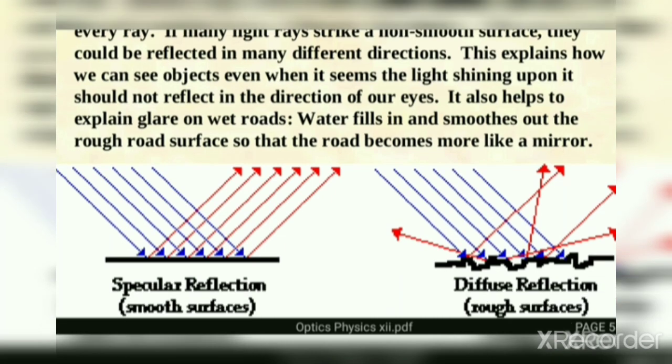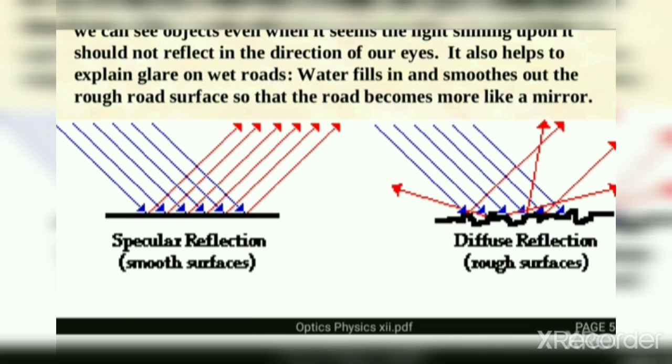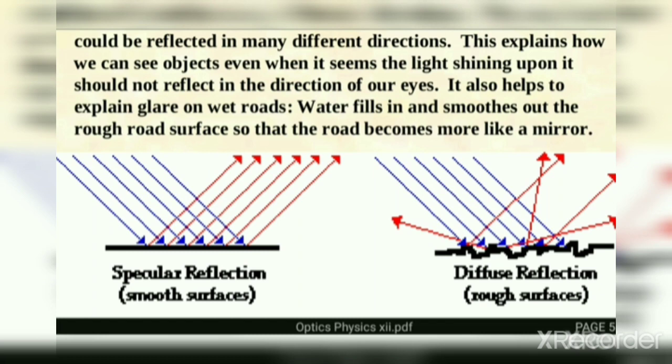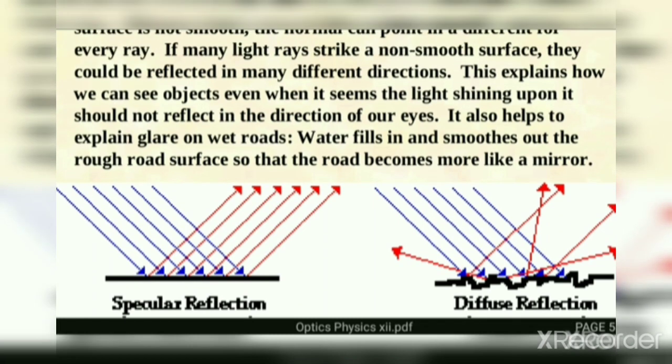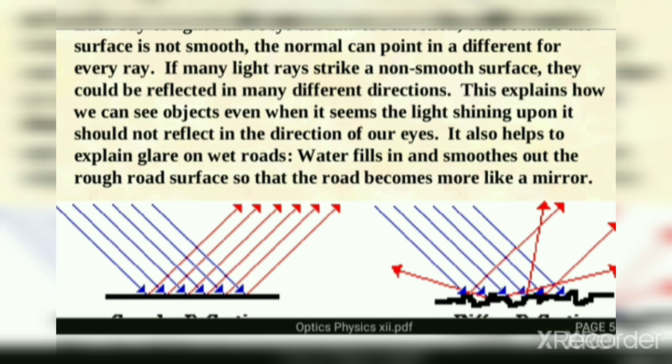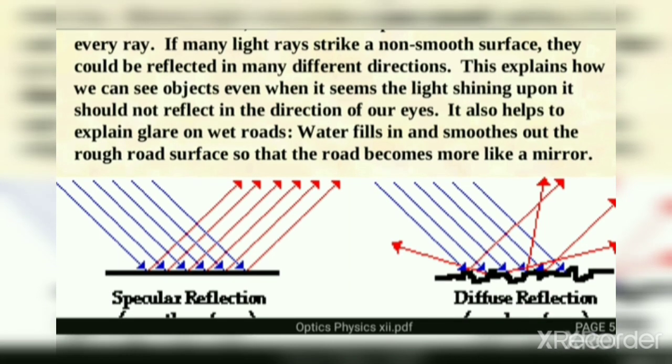You can see on the screen that if it's a regular surface, the normal is simple, but for an irregular surface, the normal is not simple. If many light rays strike a non-smooth surface, they would reflect in many different directions. This explains how we can see an object even when the light shining upon it does not reflect in the direction of our eyes.